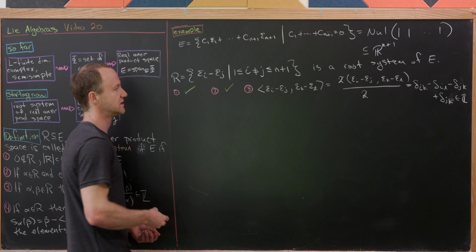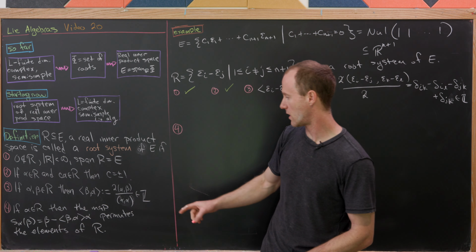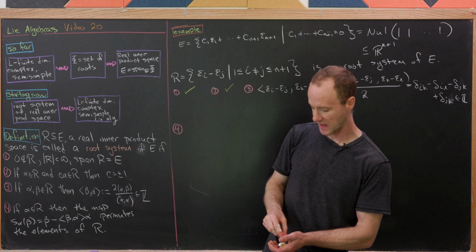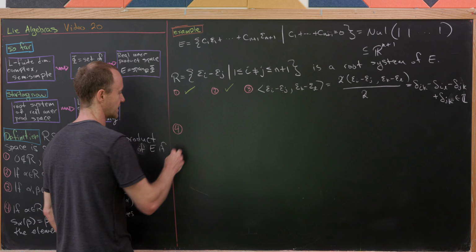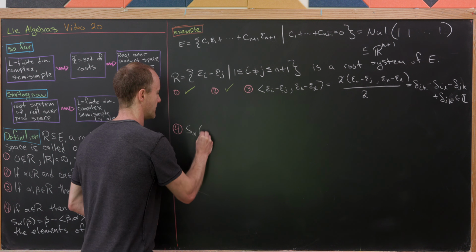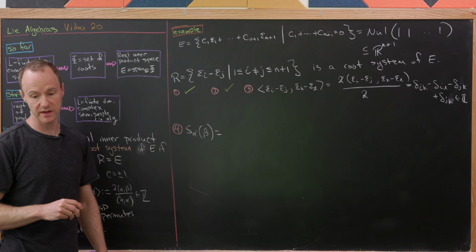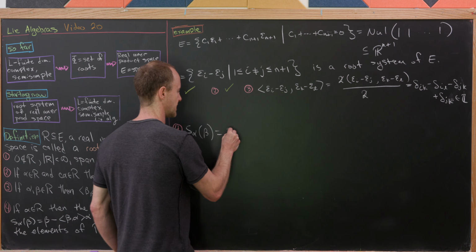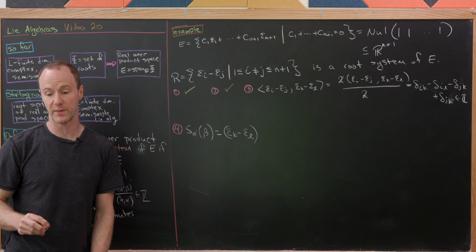Okay, nice. So now let's look at this fourth one about this reflection about the hyperplane being a permutation. So let's look at S_alpha of beta, where you'll see the definition of alpha and beta as we do the calculation. So this is going to be epsilon_k minus epsilon_l. So that's like playing the role of beta.